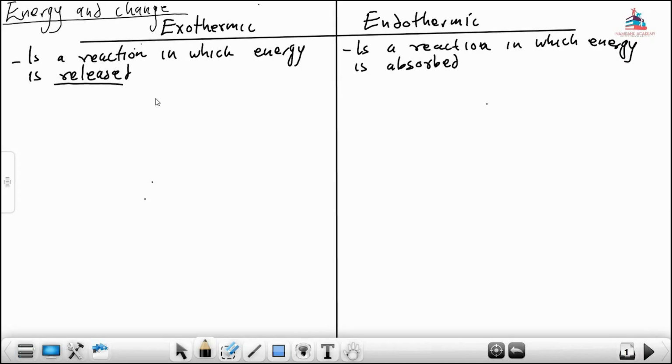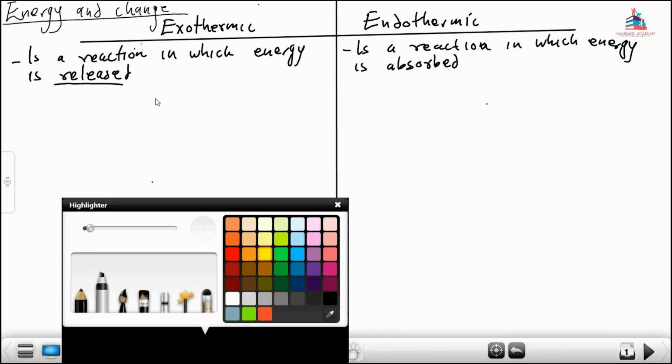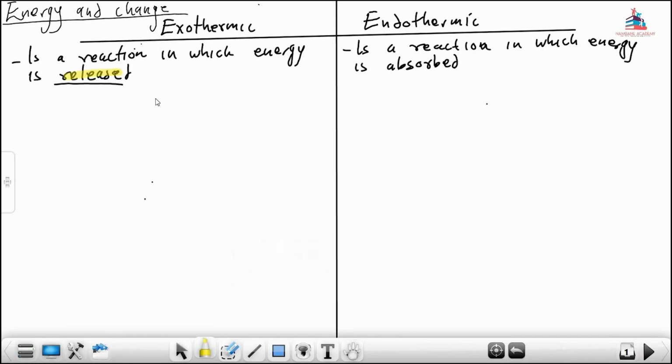So the statement here is that the examiner can tell me that the energy is released, or the examiner can also tell me that the energy is absorbed. With that statement only, I am in a position of fully understanding that I am working with an exothermic reaction or endothermic reaction.